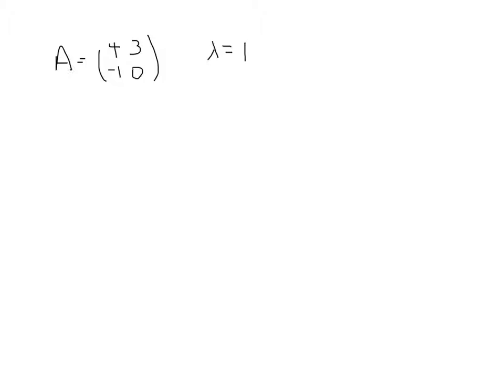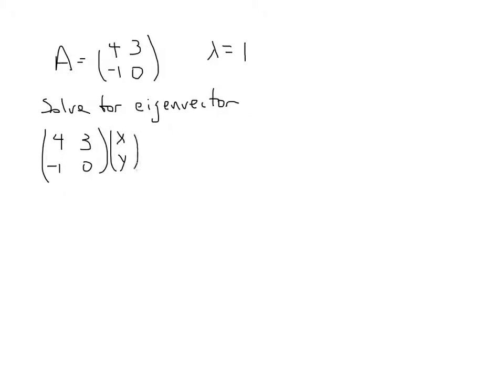We solve for the eigenvector by rebuilding the equation that 4, 3, minus 1, 0 times x, y is going to equal 1, that's the eigenvalue, times x, y.